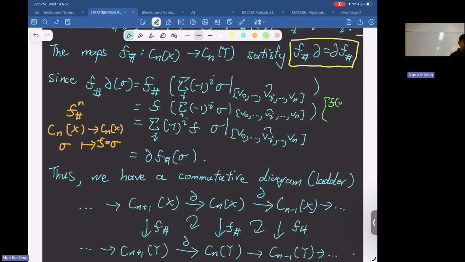How about like this? F of gx plus hx. What is this? F of gx plus hx. Shouldn't it just be f gx plus f hx? This is the definition, right?